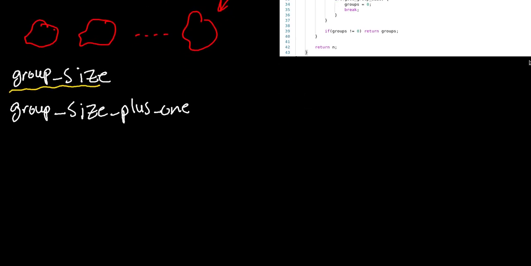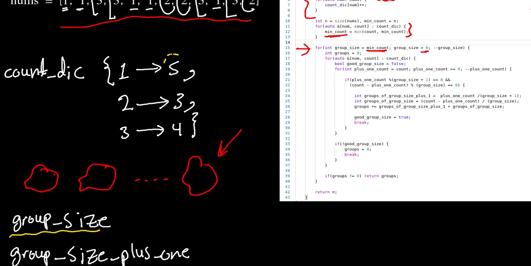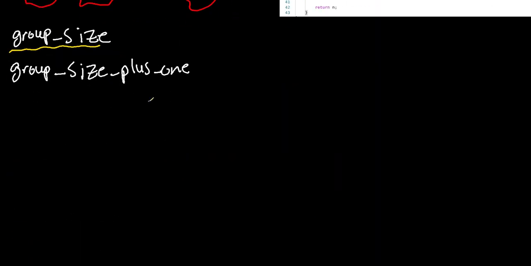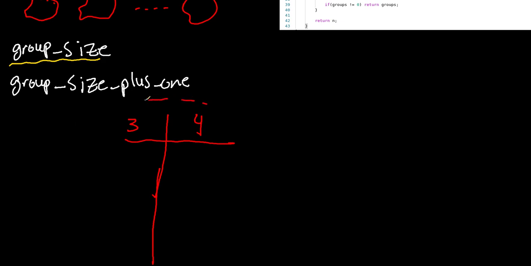Now after that, we need to check if it's possible, given group size, to divide the numbers. So we said we start with group size equal 3 and group size plus 1 equal 4, and we need to check for every one of these values if it's possible to split into groups of size 3 and 4.